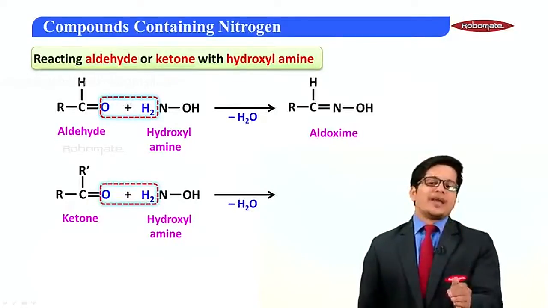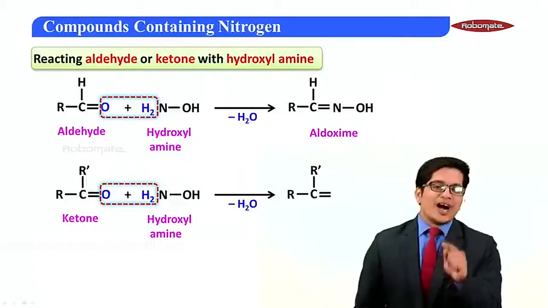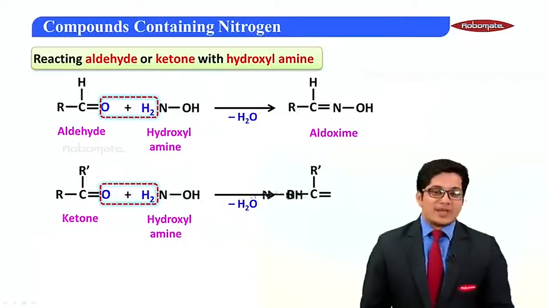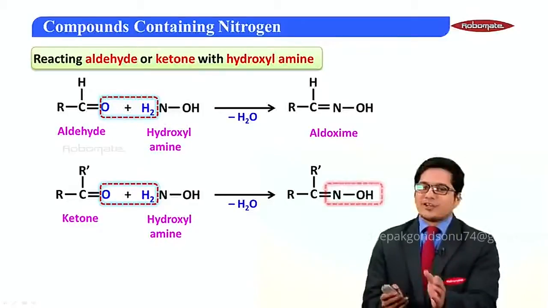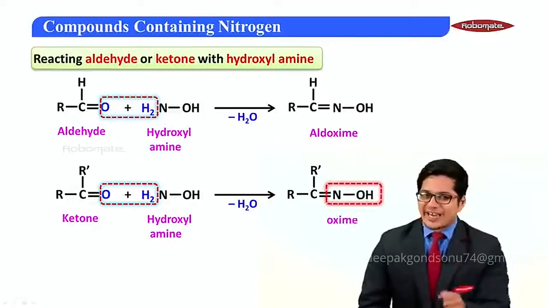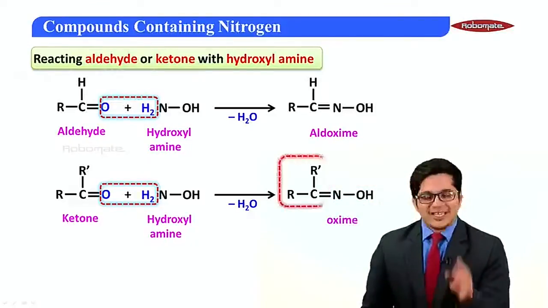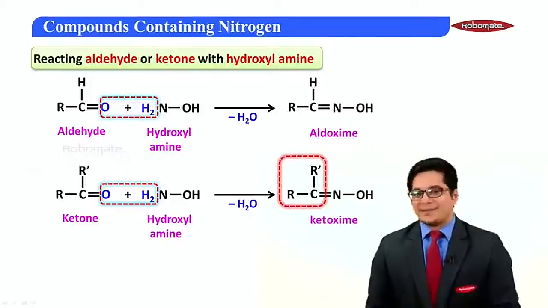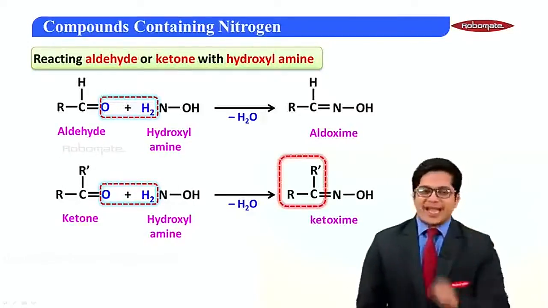What we are remaining with is nothing but R C double bond O R dash. But now, this double bond would be combining with NOH. So again, is double bond NOH a functional group? Yes, it is. So is it an oxime? Yes. But was it obtained from ketone? Yes. Therefore, it would be called as ketoxime. So, these are nothing but the two processes, that is aldoxime and ketoxime.